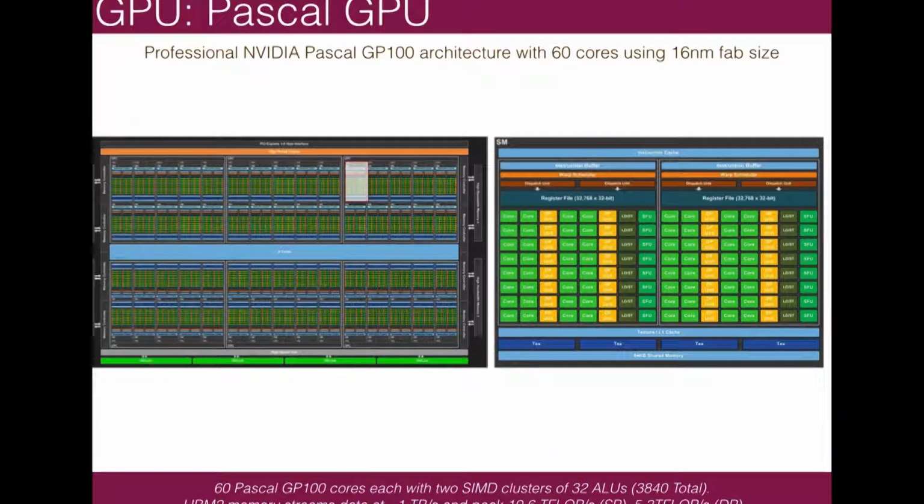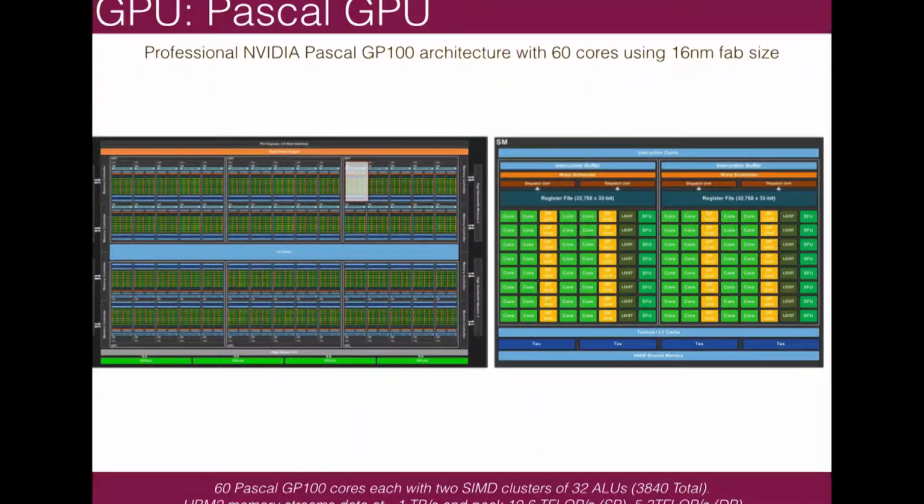Then we get to the Pascal GPU, and I think of this as the first modern generation GPU because it had strong double precision performance. Those previous GPUs, they were single precision because that's good enough for games. But as the die process shrinks, you get more real estate, you can afford to put more double precision units on the same space. And now we have 60 cores.